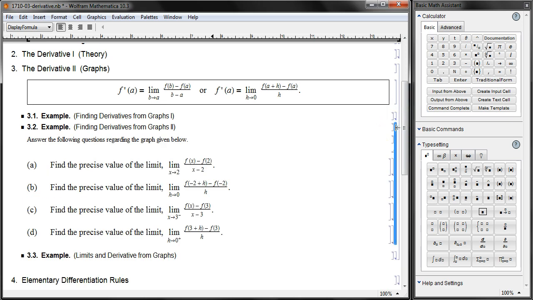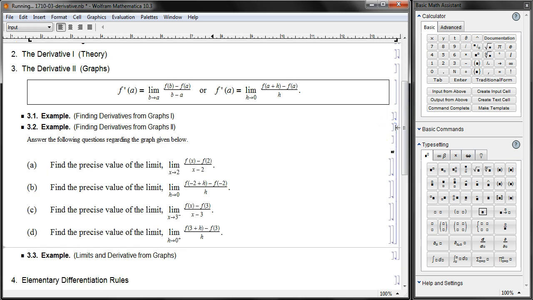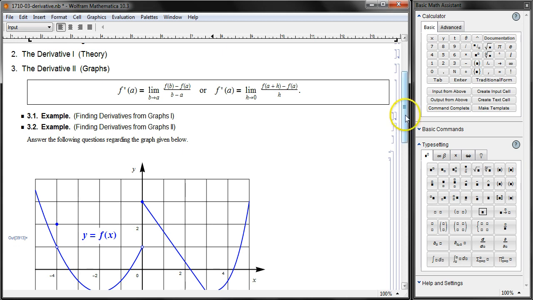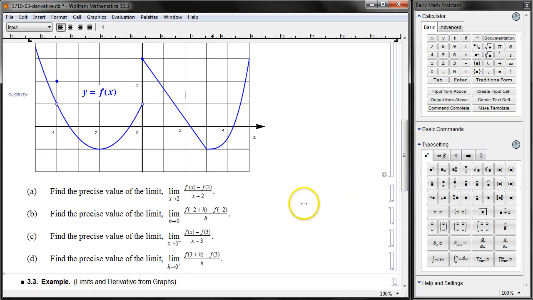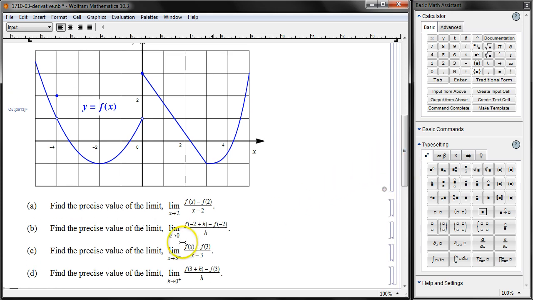Okay, how about these graph problems? These are a little bit harder. Same graph, it's the same graph, but the problems are written in a bit more complicated fashion. Instead of giving you prime notation, I gave you the limit notation, and this is the average rate of change, rise over run, with the limit.